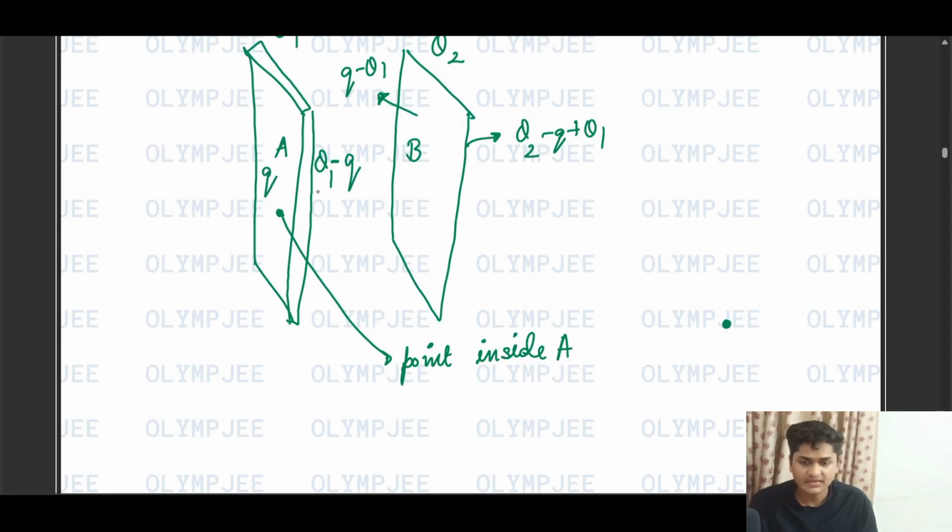Since these two charges are opposite and the distance between them is minimal, we can consider the contribution of these two charges as 0 because they are equal and opposite. So due to Q there will be charge here, and due to this charge there will be a field here.